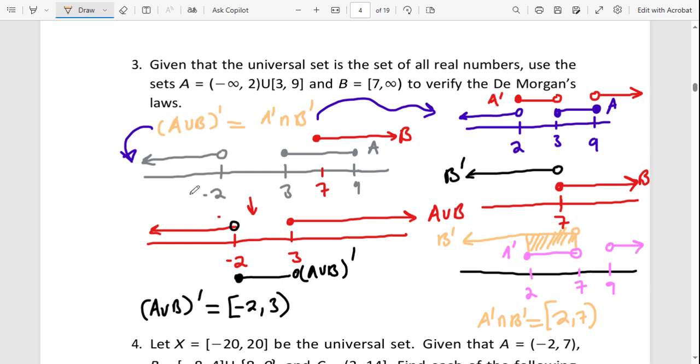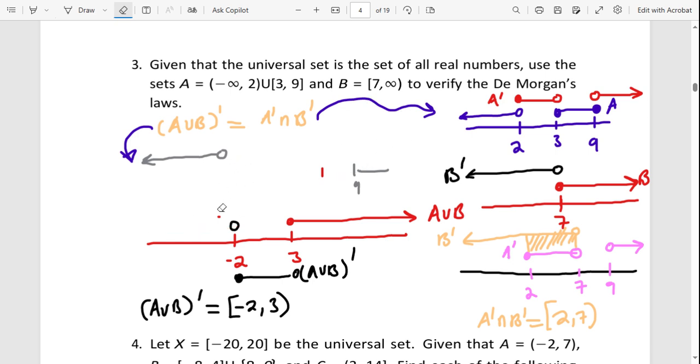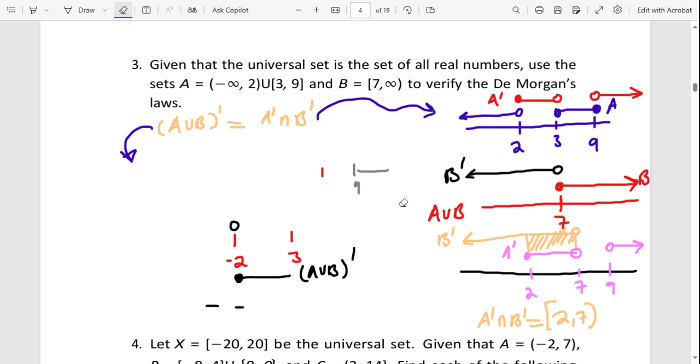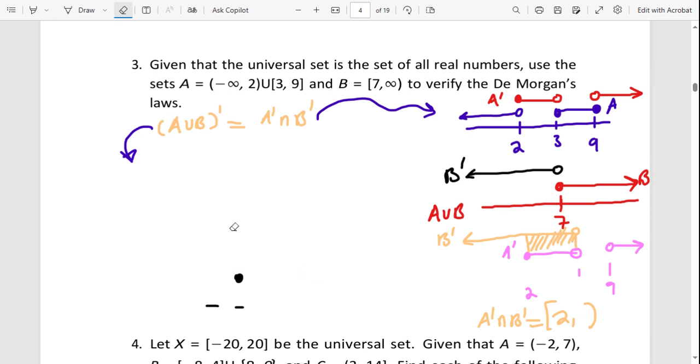Let me make a correction on this first part because I wrote negative 2. Negative 2 is not even part of our sets that we are dealing with here. So that was an error that has to be corrected. Sorry. Even this one, yes, this is a 3. So I made a similar mistake also on this part.